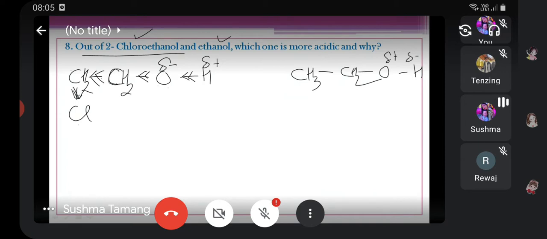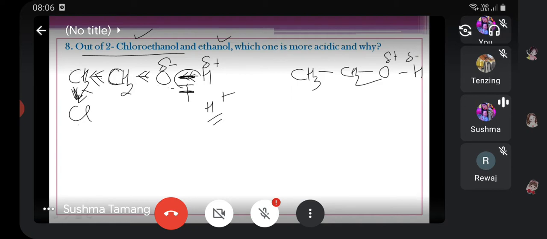Because of that, this bond becomes more polar. The electron density around OH becomes thin, so that means it is easy to break. So easily H plus ion will be released.